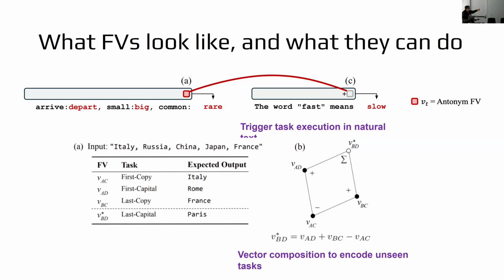And these embeddings also have some of the interesting characteristics of word embeddings. If you take a few of these vectors, and you add and subtract them, then you can create vectors that evoke new unseen tasks that were seen before.